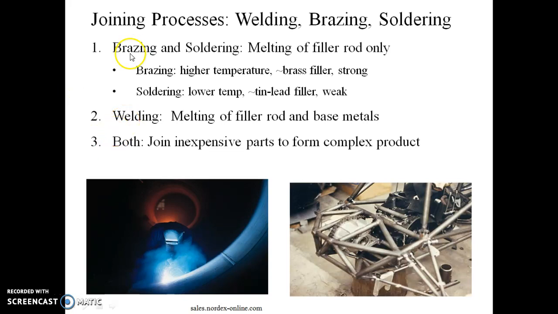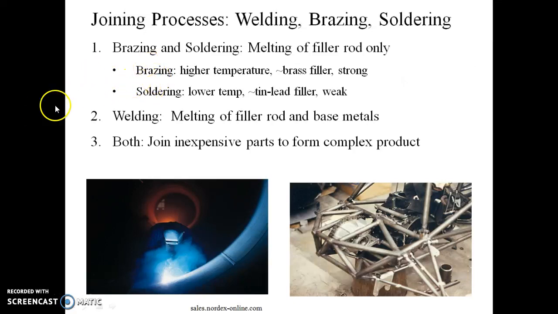Now in case of brazing and soldering, there is no need to heat the parent metal up to the melting point temperature. The parent metals are heated, but only to some extent, and then the filler material is added, and that filler material is melted and covers the joint.